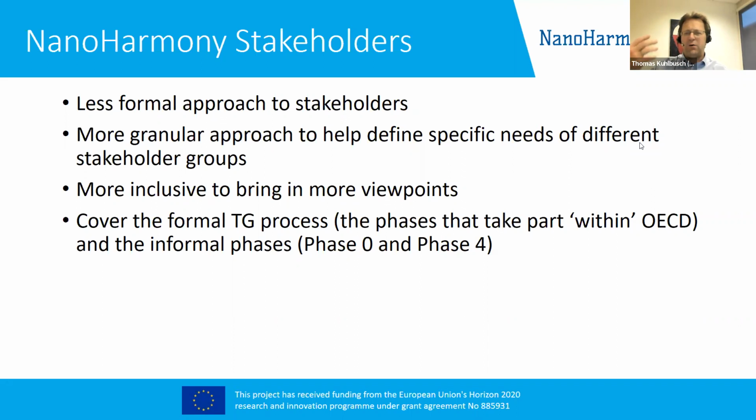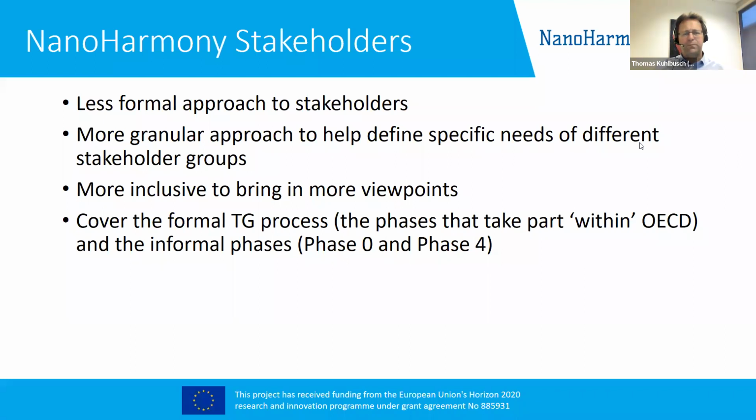We allow a little bit more granular approach, so we can define specific needs for different stakeholders and keep it to those. There's nothing where you need a stakeholder representative for everything, like what is needed at the OECD level.